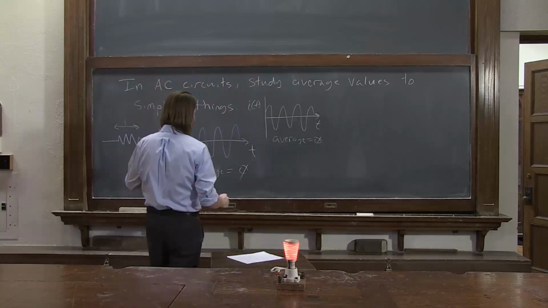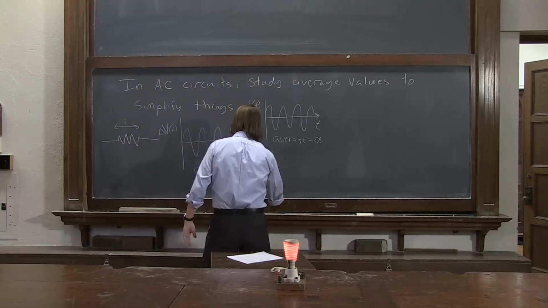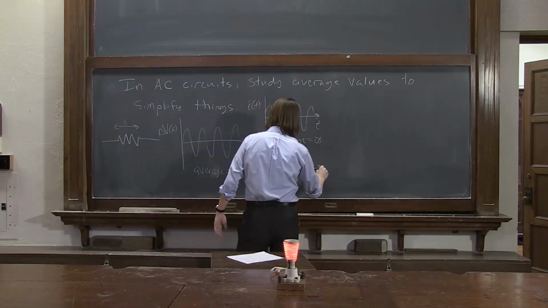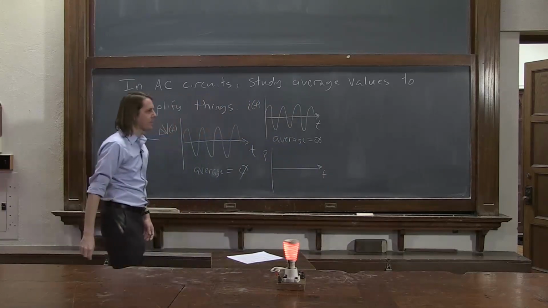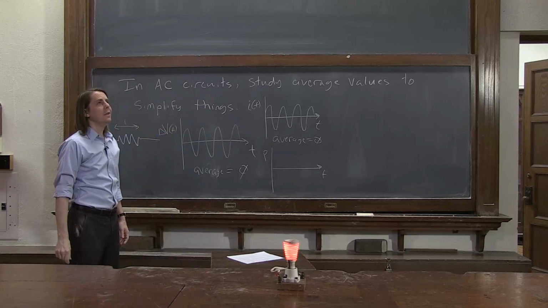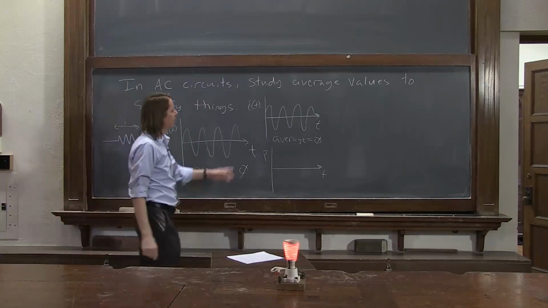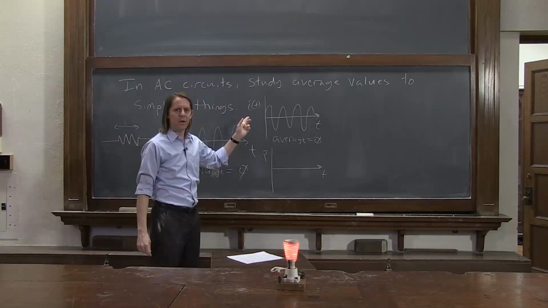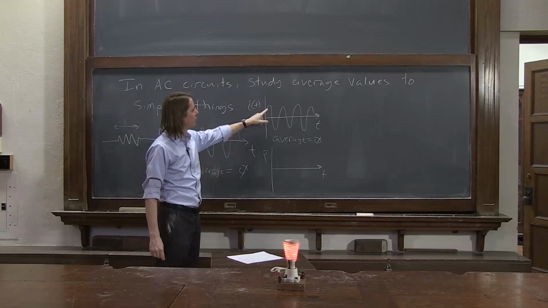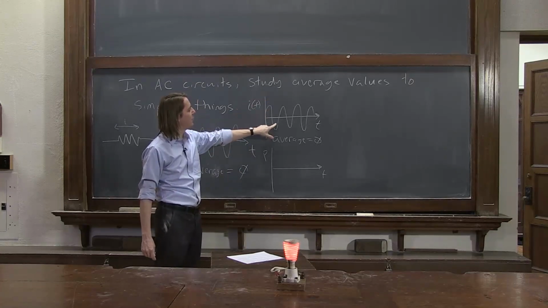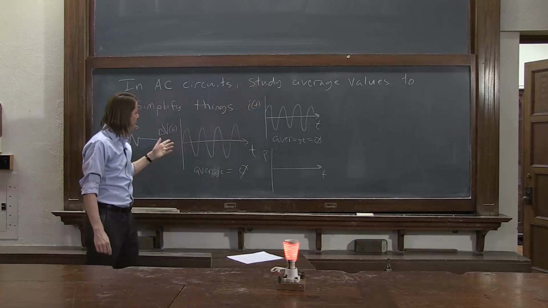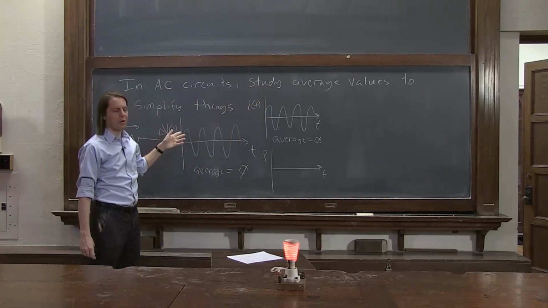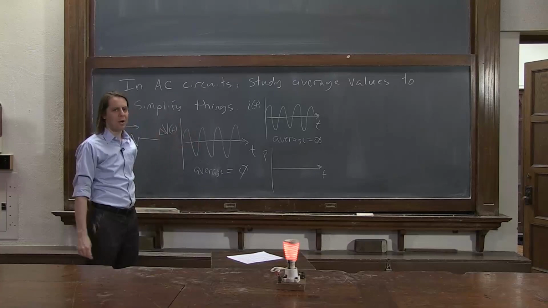Let's plot the power. The power versus time. Now let's see. P, if we do it in terms of current, it's I squared R, and R is a constant, so you've got to square this. Well, this will square and be positive, and the negative parts of I will square and be positive. And if we were to do V, the power is delta V squared over R. Again, you square this, it's all going to be positive.